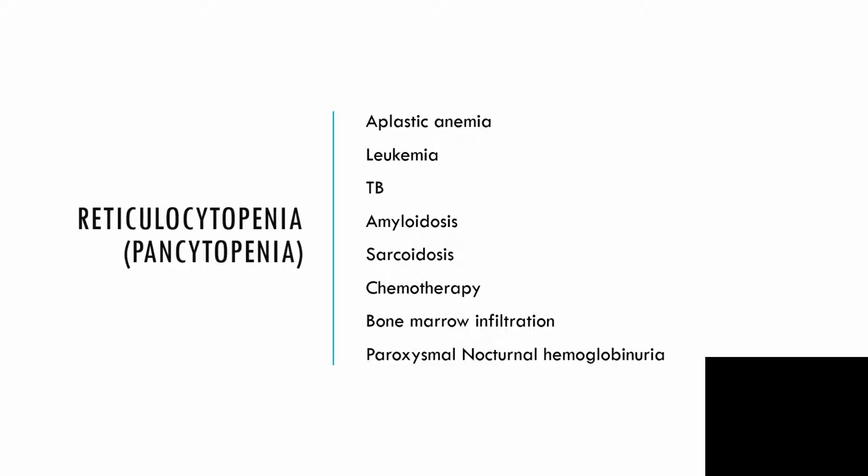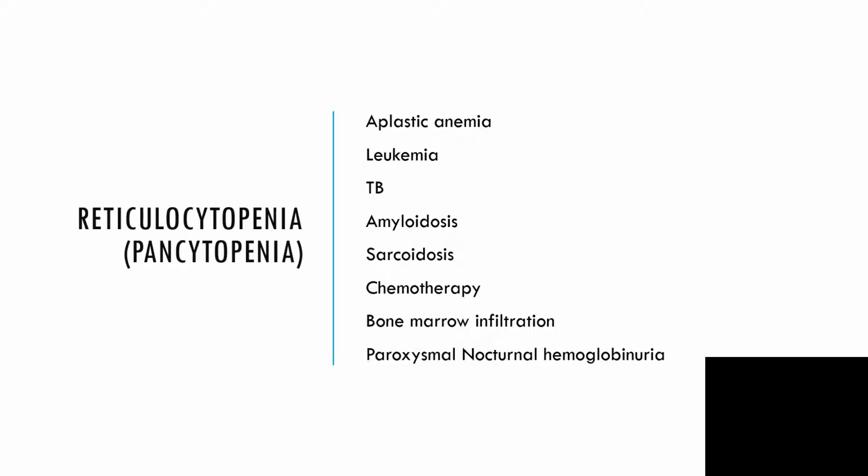When all cell lines are down, when the reticulocytes are also down, then you start thinking of a few things. Could this be aplastic anemia? Could this be leukemia? Could this be tuberculosis? Could this be amyloidosis, sarcoidosis, chemotherapy suppressing the bone marrow, or bone marrow infiltration, or paroxysmal nocturnal hemoglobinuria?